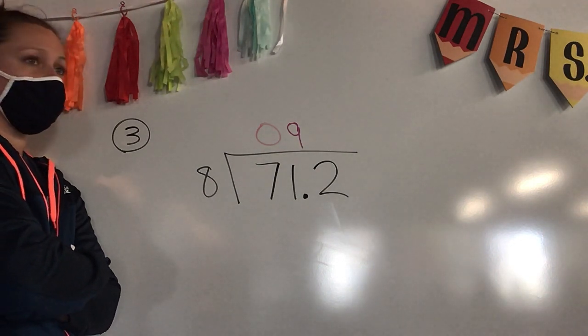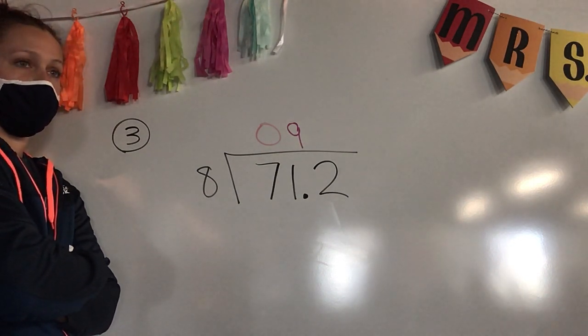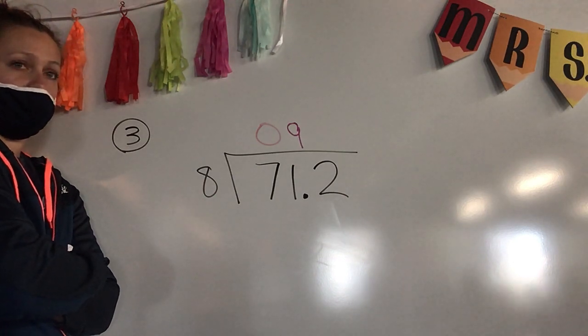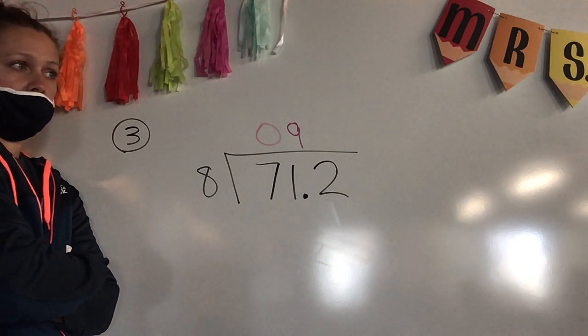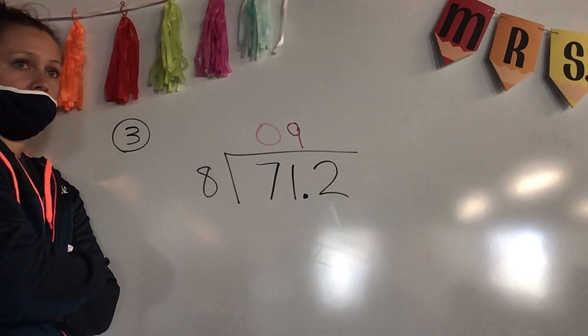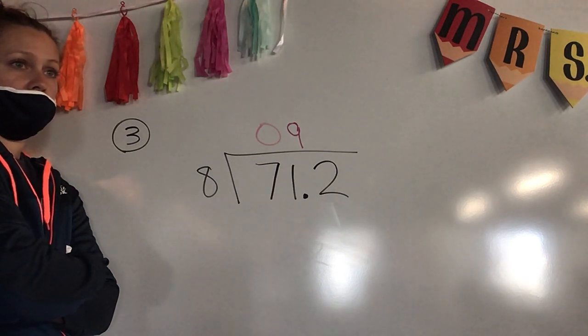Everybody on their own right now in your math notebook, write down your math facts for 8. 8 times 1, 8 times 2. Write them in your math notebook now. Ladies and gentlemen, this is hurting us so badly, our math facts.